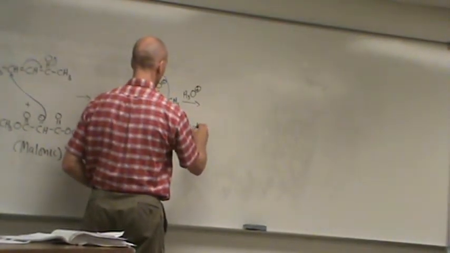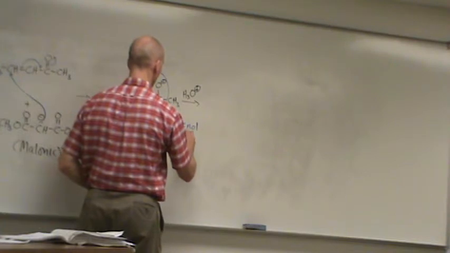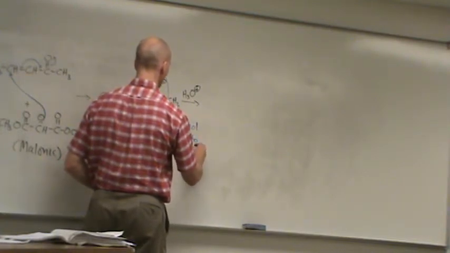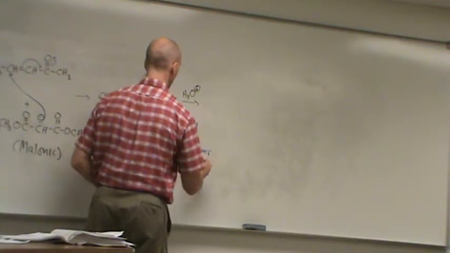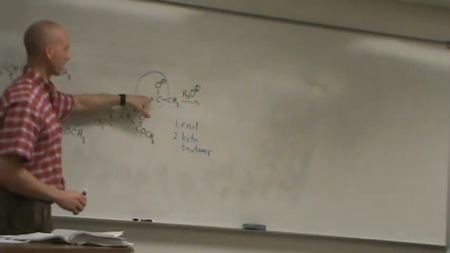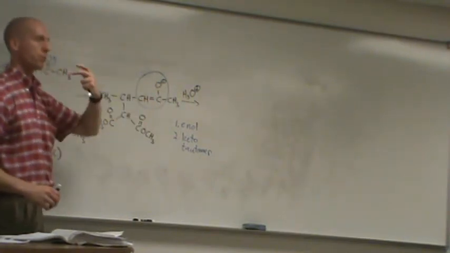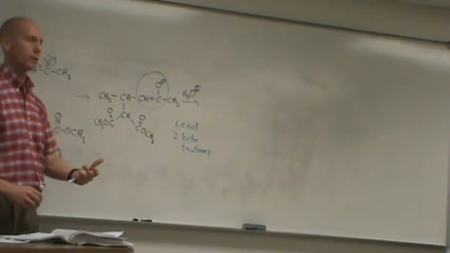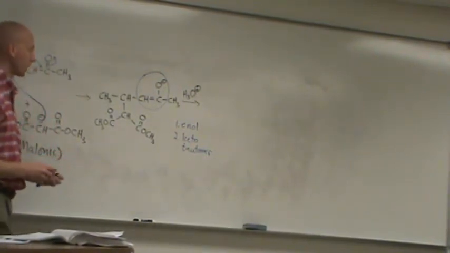I'll let you look at your book for that. You can see how a hydrogen will add here to make the enol, but remember that the keto is always the more stable one, so it reverts to that.